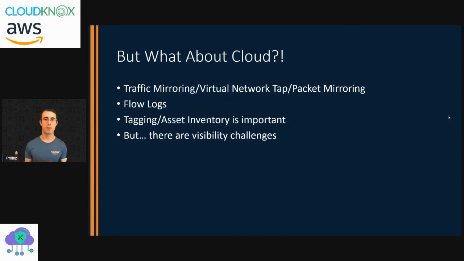And these features like traffic mirroring are not able to capture that data for you. It all happens in AWS or in Azure without you being able to see it. And that poses a visibility challenge. Doesn't mean that it's not worth doing, but you have to understand how your environment usually works in order to be able to protect it.